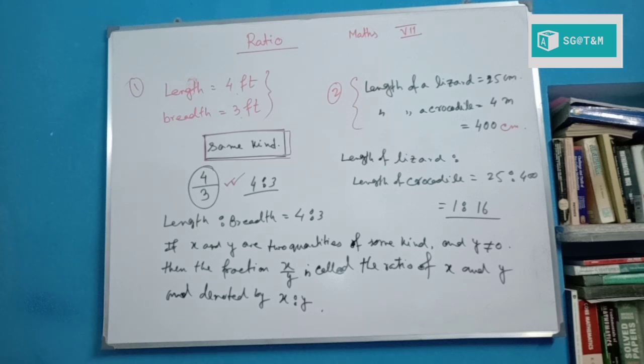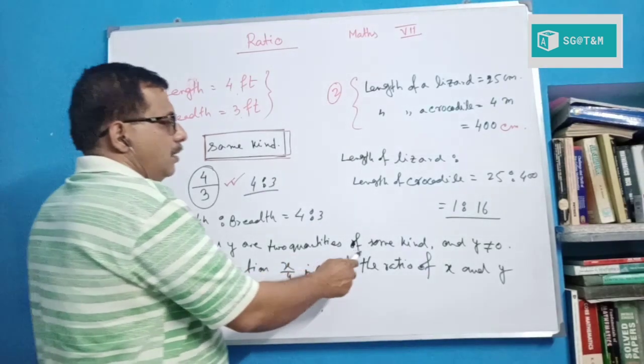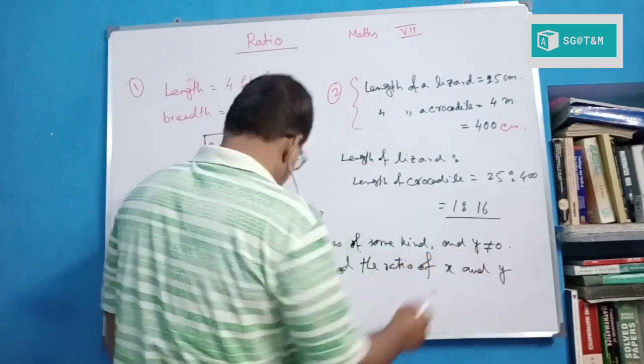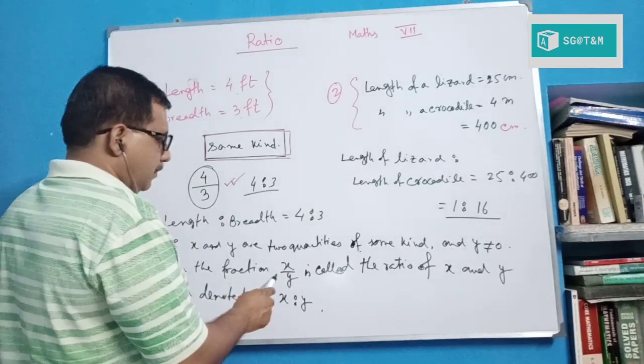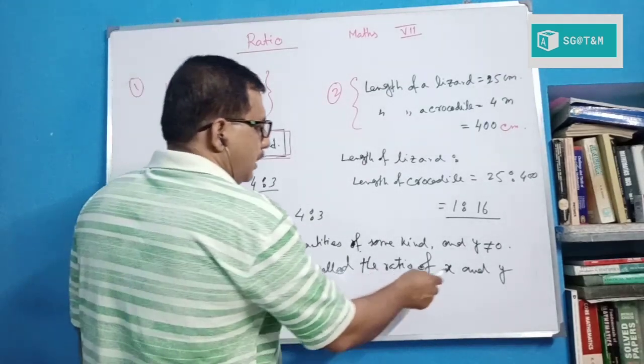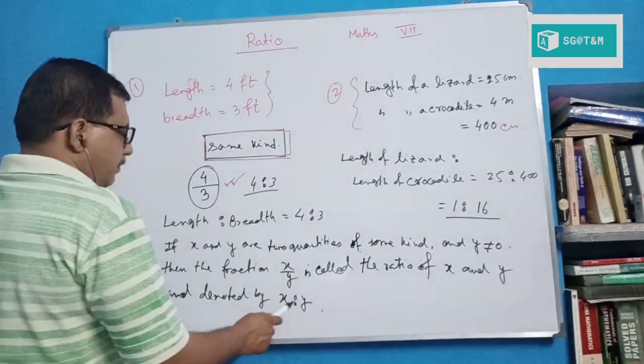Okay, this is the definition of ratio. If x and y are two quantities of the same kind and y is not equal to 0, then the fraction x by y is called the ratio of x and y and is denoted by x is to y.